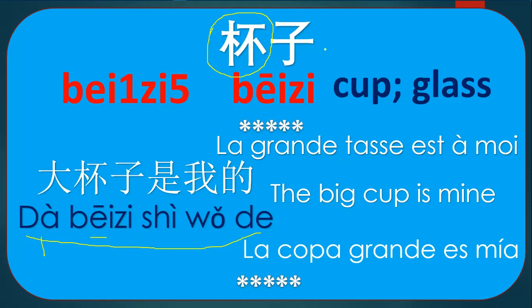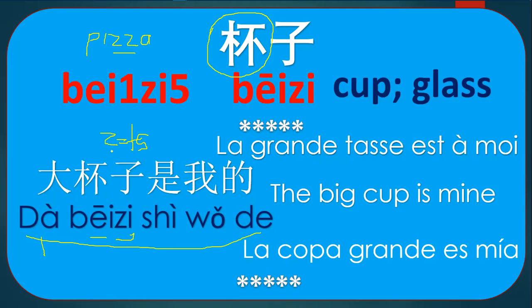Remember, we said this part here, the Z part, sounds like T and S, right? So Z is like the same way we say pizza. 茶 Ta, right?